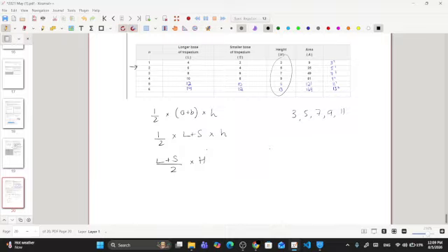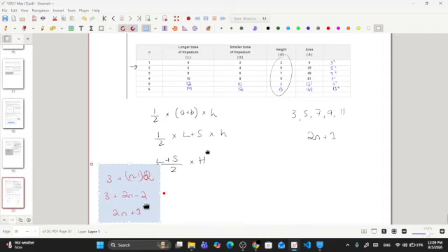If you were supposed to find the nth term of this expression, you will get an answer of 2n plus 1, right? Let's prove it. 3 plus n minus 1 multiplied by the difference of positive 2. So 3 plus 2n minus 2. 2n, 3 minus 2 becomes positive 1. 2n plus 1.